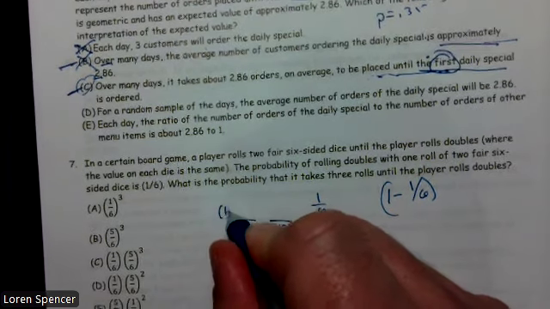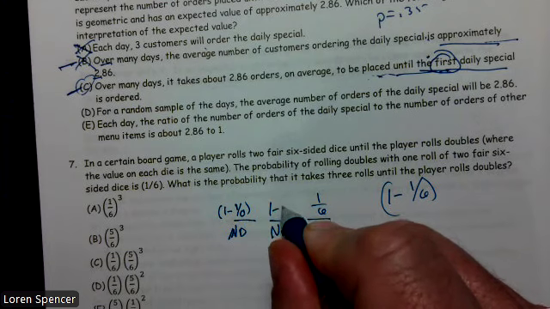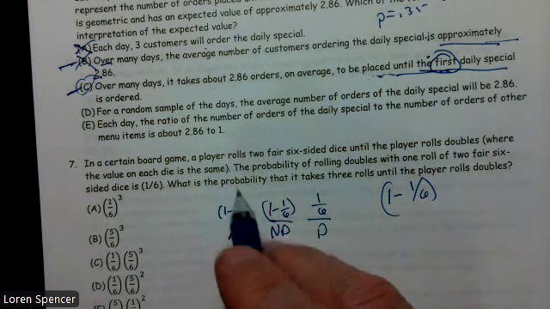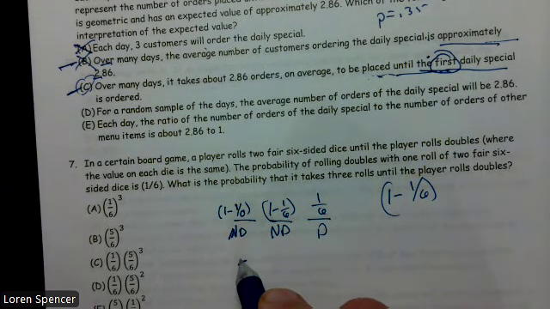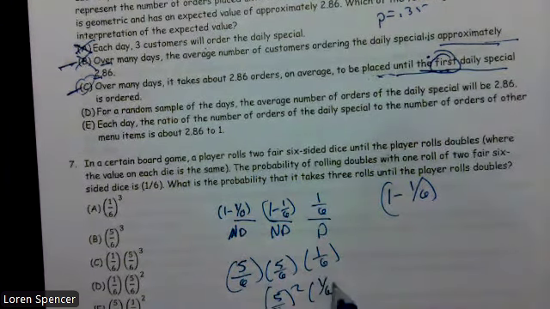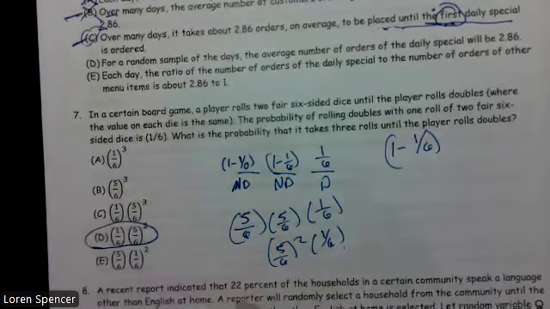So this is 1 minus 1/6, and this is also 1 minus 1/6, and 1 minus 1/6 is just 5/6. So this is 5/6 times 5/6 times 1/6, that's 5/6 squared times 1/6, which is answer choice D.